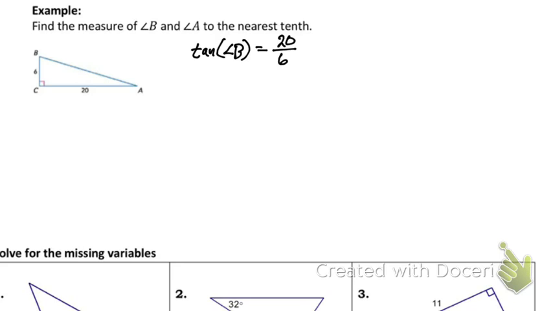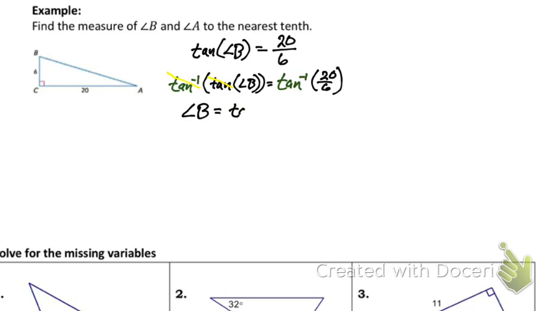Then I could take the tan inverse of both sides to get angle B by itself. I have to take it of the right side too. Since tan inverse and tangent cancel each other out, we're left with angle B equals the tan inverse of 20 divided by 6.